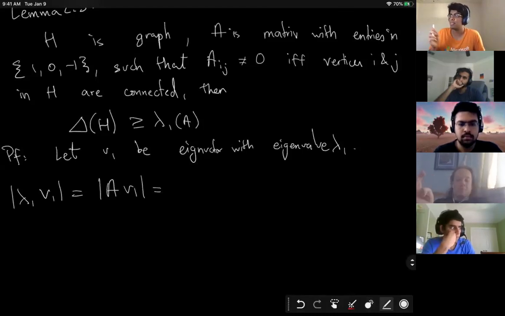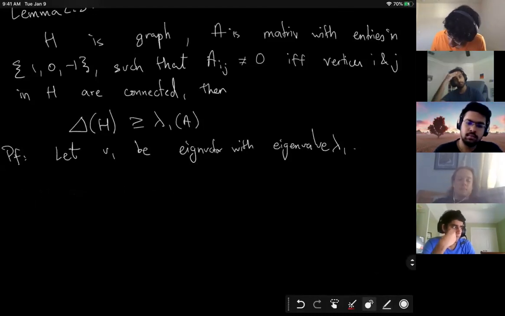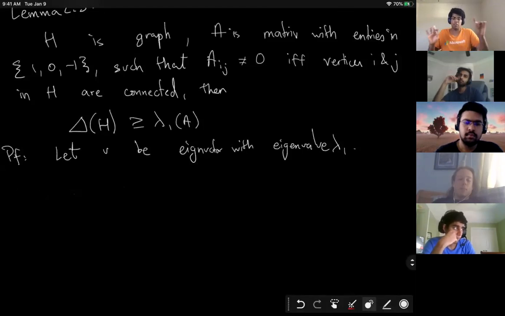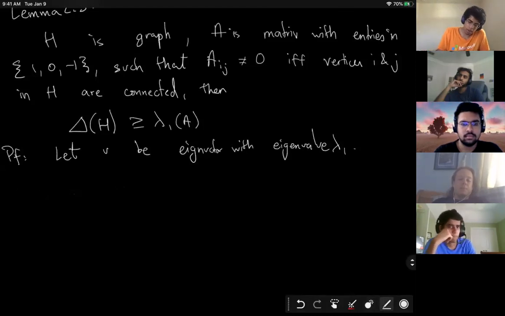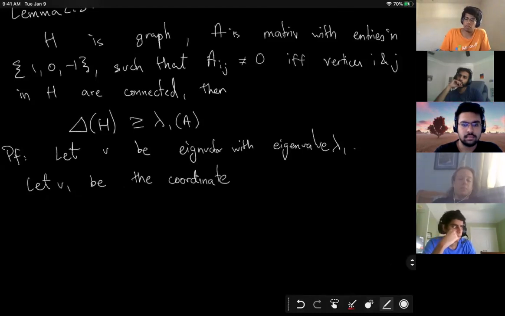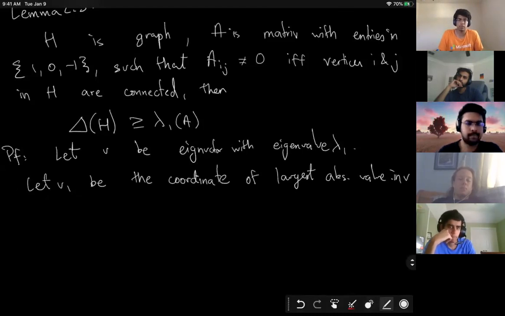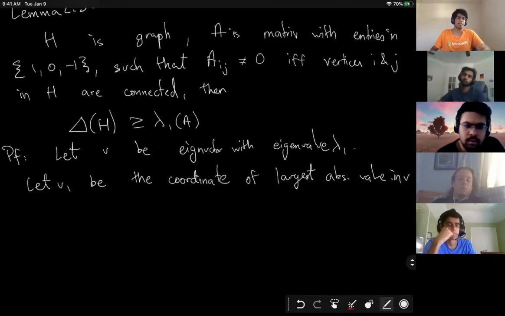Okay, I have to add some more notation. My bad. Let's just call this vector V. Let V be the vector that has eigenvalue lambda 1, and let V1 be the coordinate of largest absolute value in V. So like it's a negative 4,000, and everything else is just like 100 something.